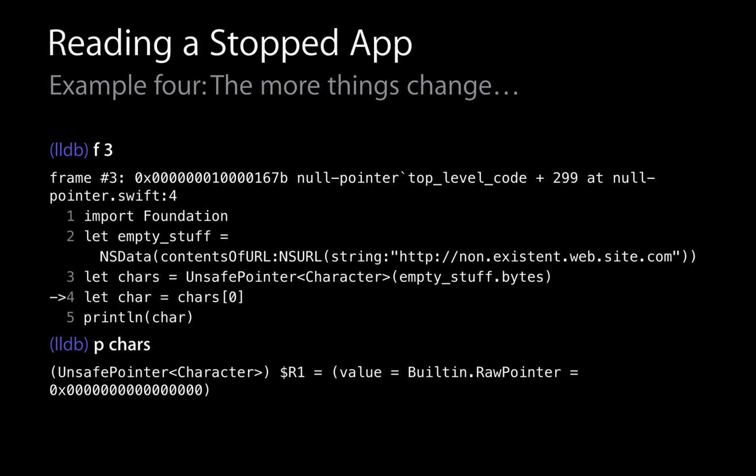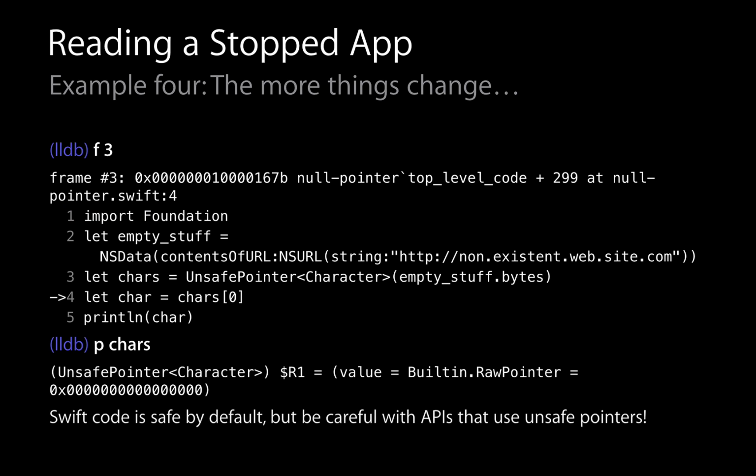We're working with Objective-C APIs. Objective-C APIs can give you unsafe pointers. So your old friend, the null pointer, is still around, and whenever you're dealing with unsafe pointers, you have to be very sure that you know what you're doing. All right. So the lesson here is Swift is safe, but the frameworks that you're working with may not be safe.